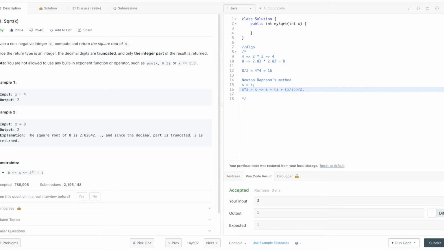So we keep doing this until the square of s is no longer greater than the initial input value.